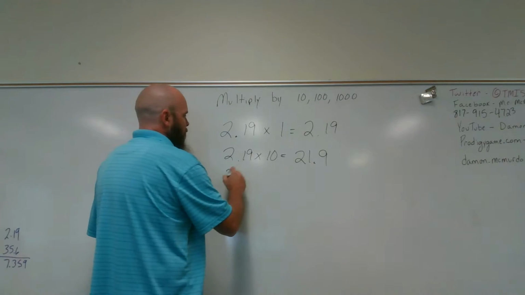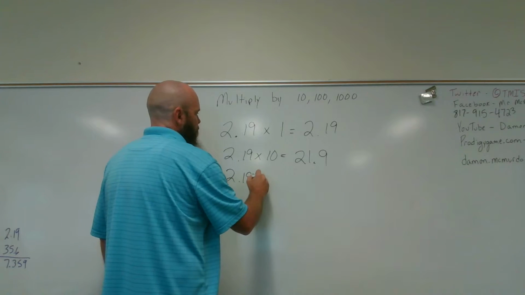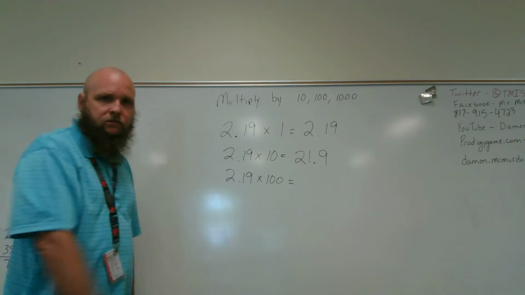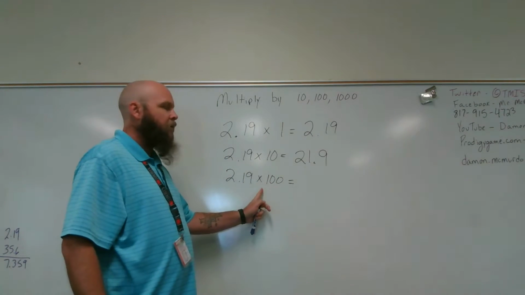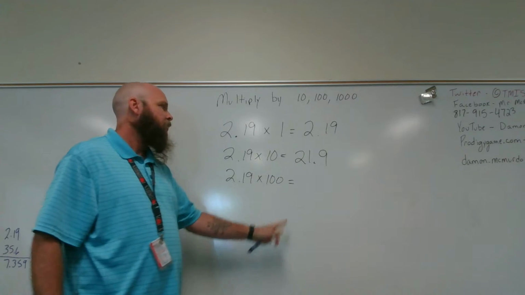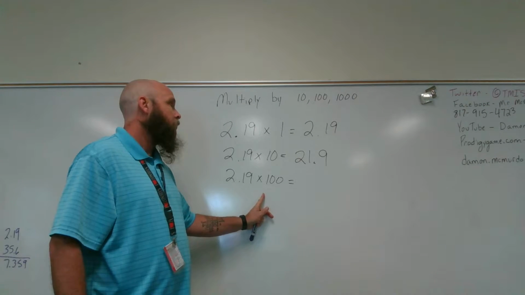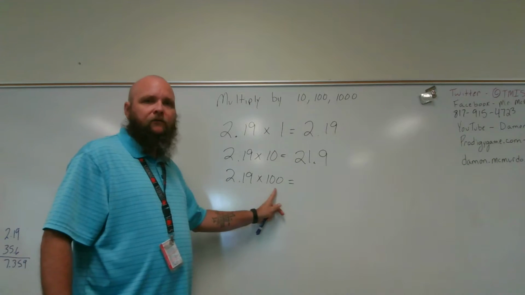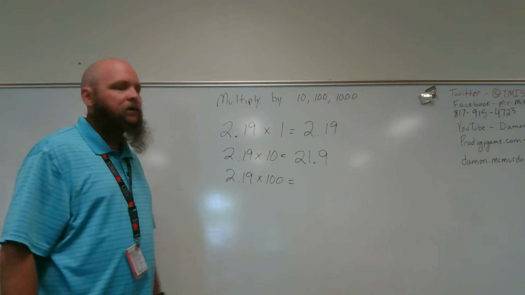If I multiply 2 and 19 hundredths times 100, 2 zeros, and these are all multiples of 10, and if they have a 1 and then followed by zeros, you move the decimal point that many places.